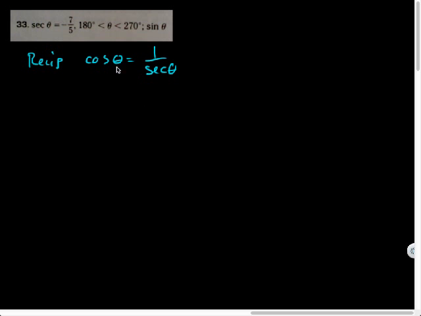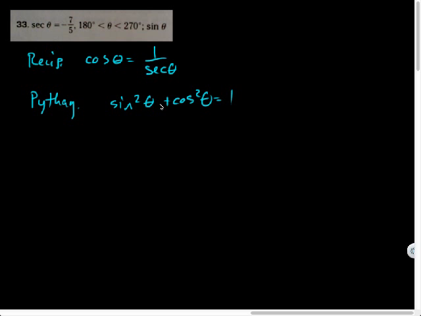Once I get cosine, could I find sine? Yes. What identity does that? Pythag. So Pythag, specifically the main one, sine squared theta plus cos squared theta equals 1. So I'm going to get cosine, then plug cosine in here and find sine.